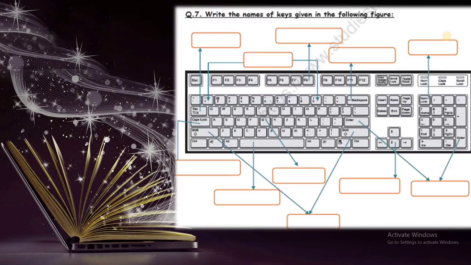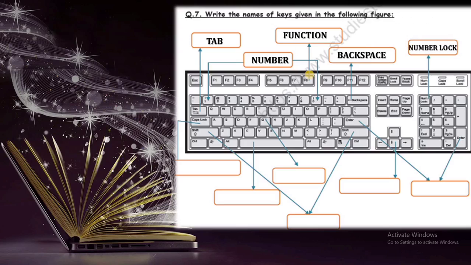Now the next activity we did in the previous lecture: keys and their names and uses, right? Tab, number keys, then function keys. See carefully, the backspace key. In the keyboard we have only one backspace key, and it erases letters on the left side of the cursor.